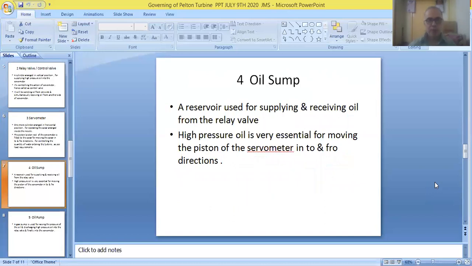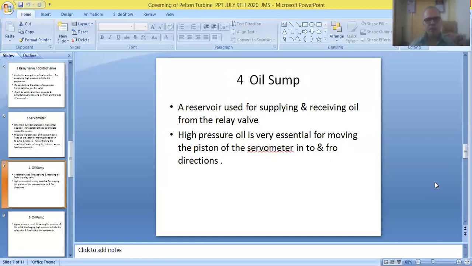So we have talked about this oil sump. This reservoir is arranged for storing oil. It is very essential, because high pressure oil is very essential for operating the servometer. Therefore, oil is stored in this reservoir.